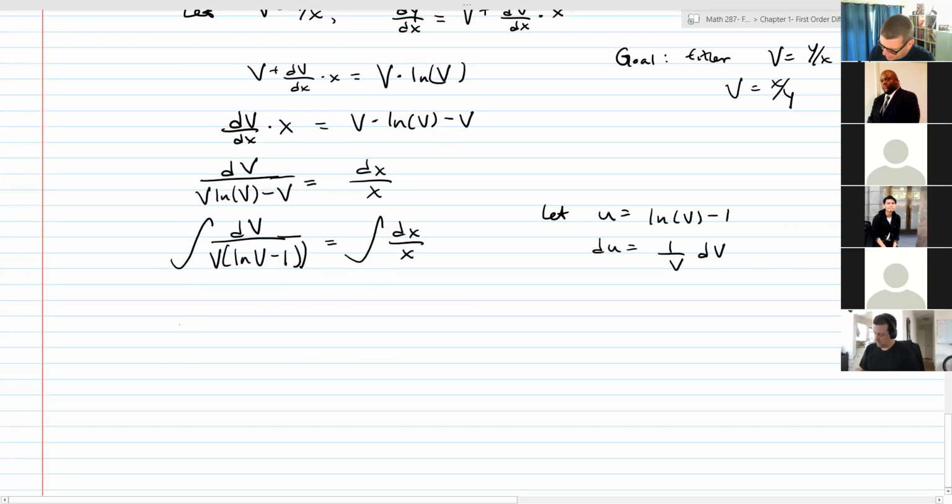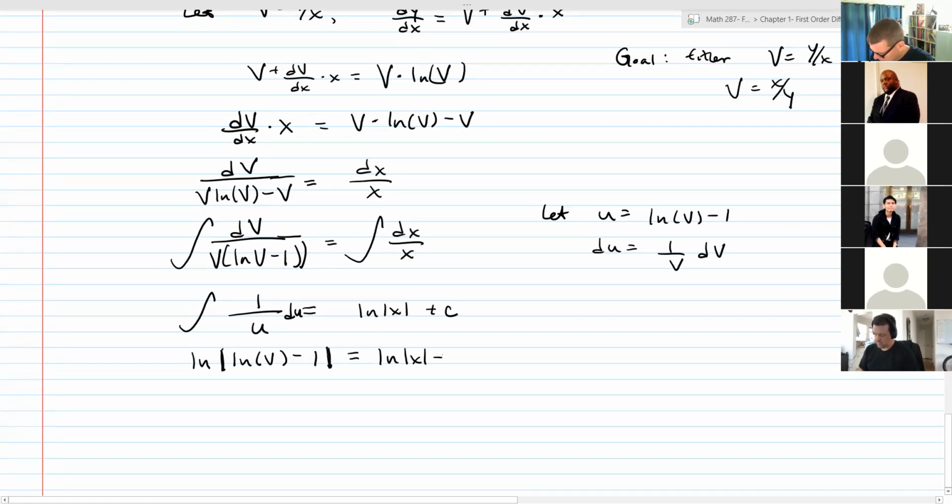And so what we get then is the integral of 1 over u du equals, and this is just going to be the natural log of the absolute value of x plus c. So this is now the natural log of the absolute value of v minus 1 equals the natural log of x plus c.